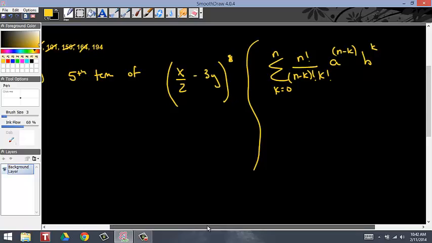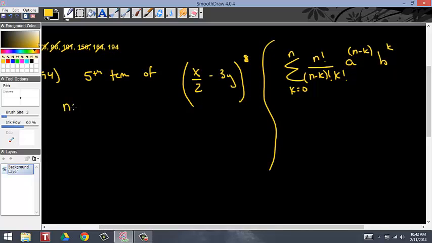If they ask you for the fifth term, there are only two things you really need to understand, n and k. n should be 8 because it's always equal to the exponent. Anyone remember what k is? Alan? 4. It's 1 less than the term they're asking for, so k equals 4. So now we pump this into the formula.